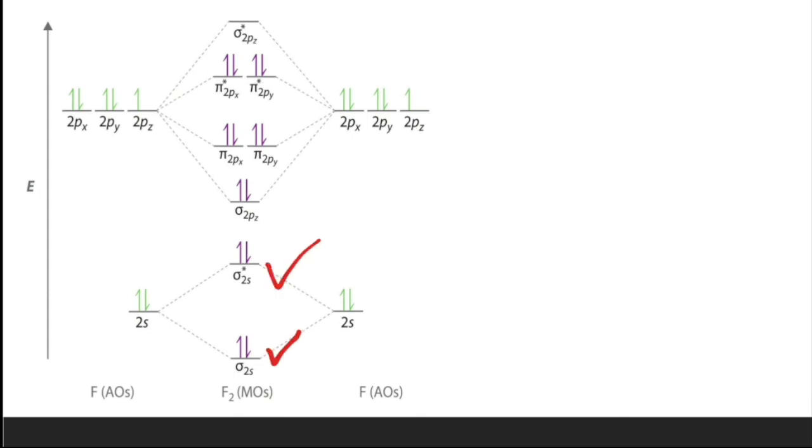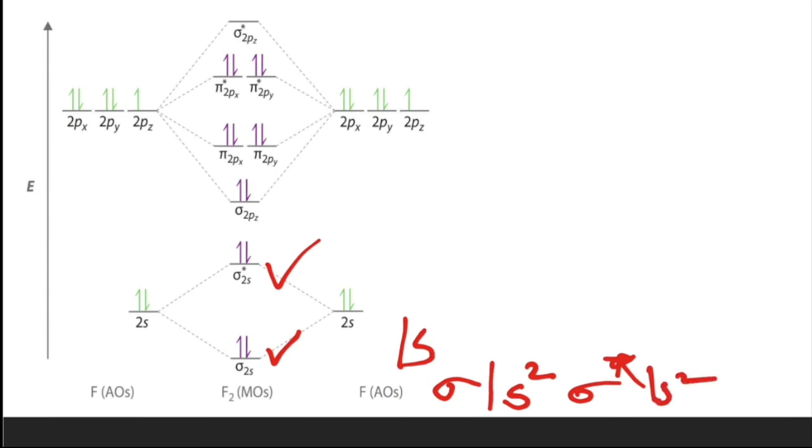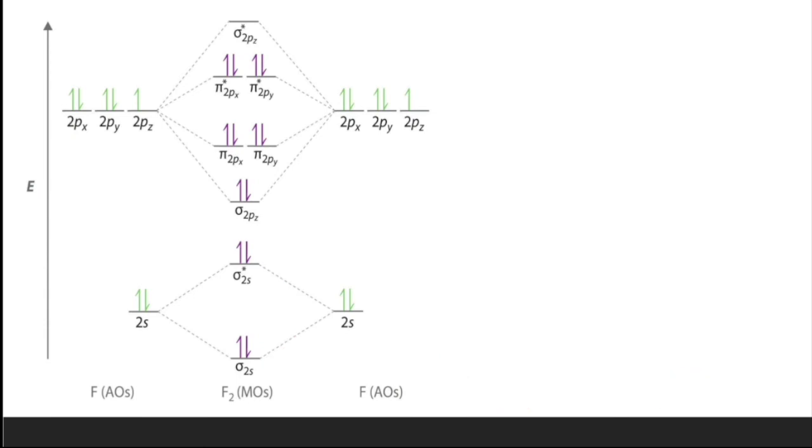We have not drawn 1s here, but if it is there, it will be represented as sigma 1s2 and sigma star 1s2, right? So according to that, we will start writing the electronic configuration of the F2 molecule.